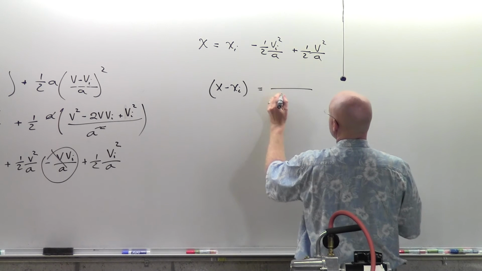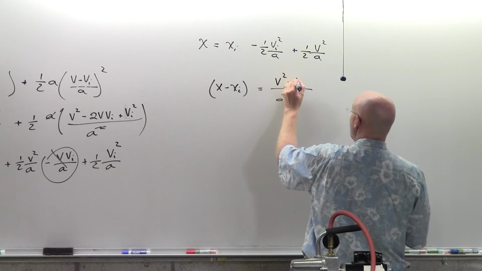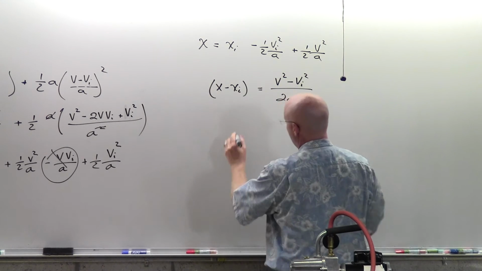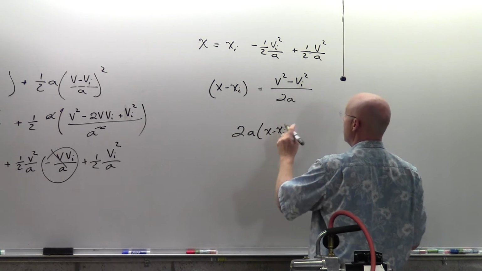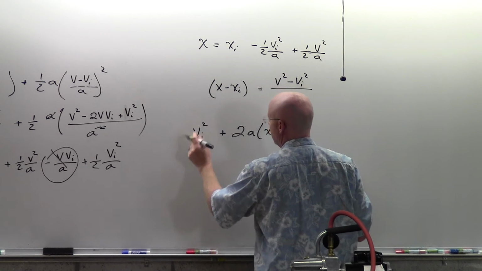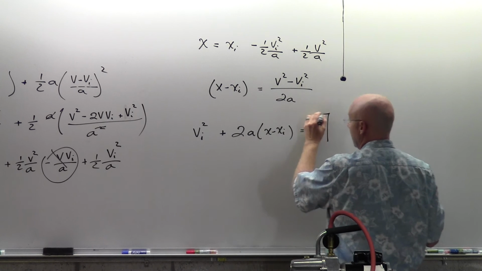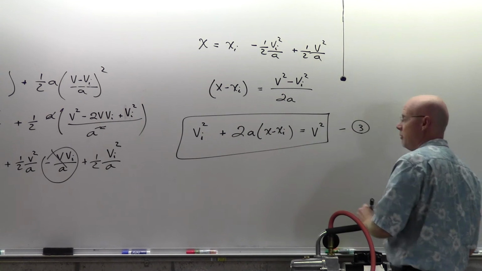He puts this with a common denominator, changes the order a little bit. He moves the common denominator over to a x minus x naught. He even then moves the initial speed so that it becomes positive and puts a little box around it and says this might be useful at times.